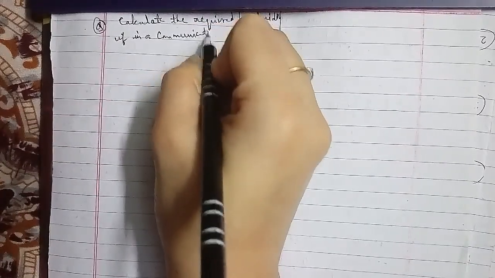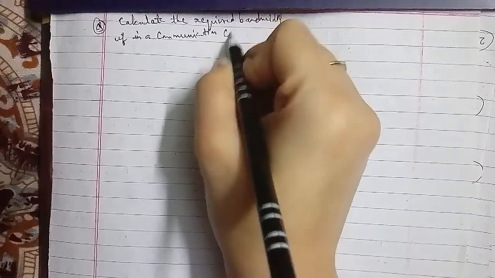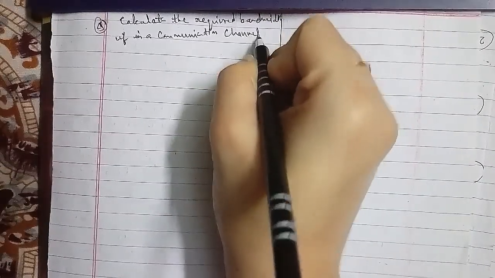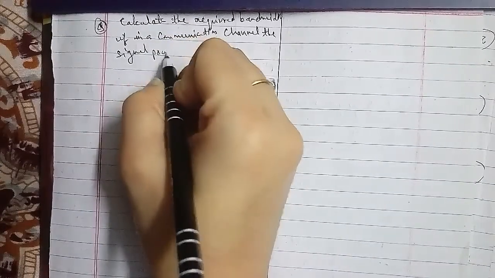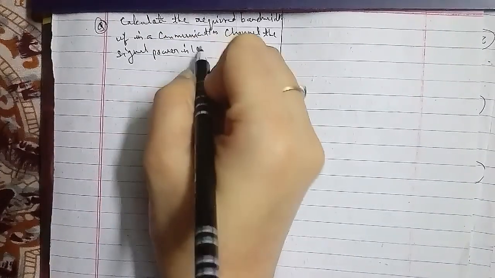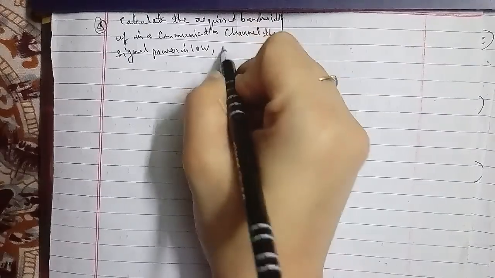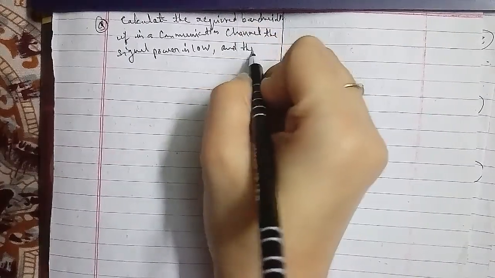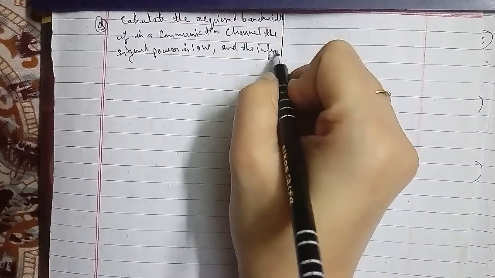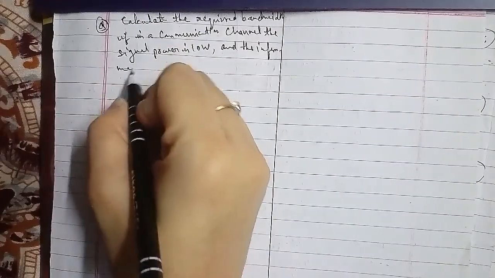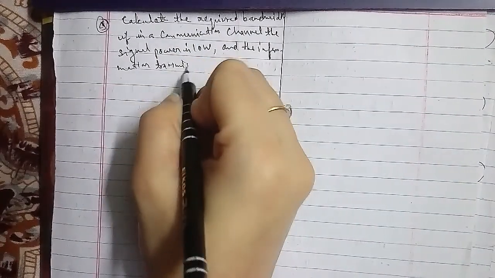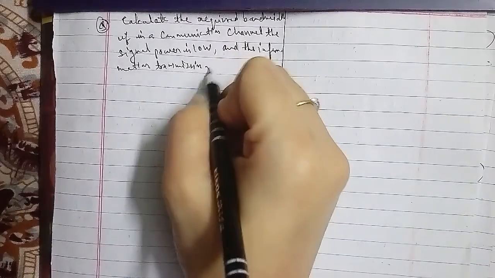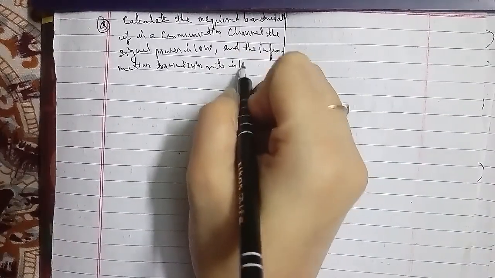Now we'll be answering this. The relationship between the transmission rate and the communication channel is R max equals 2B, that is bits per second, and the bandwidth equals R max by 2. The given data is R max equals 10 kbps.